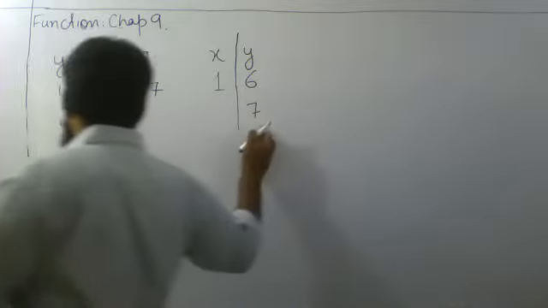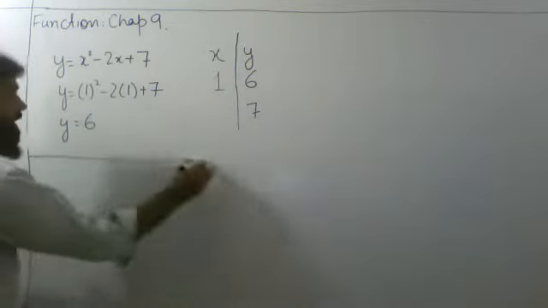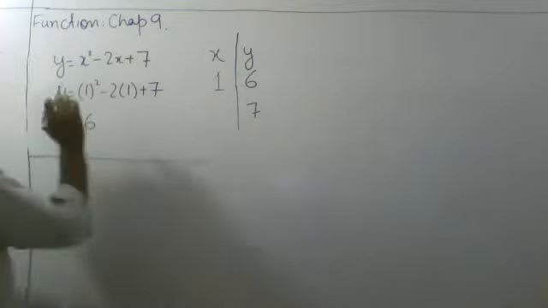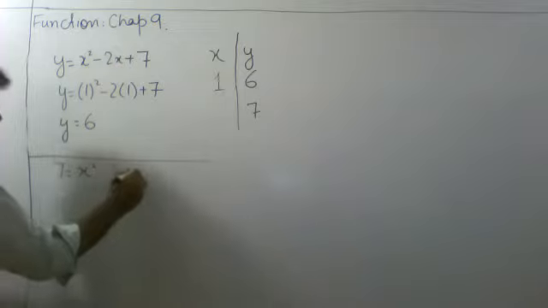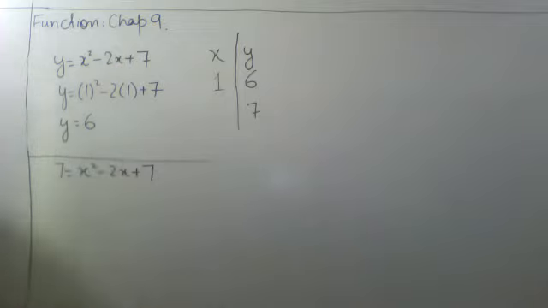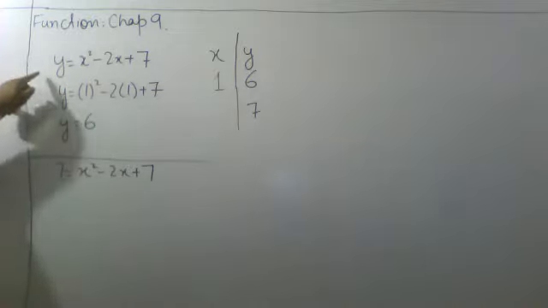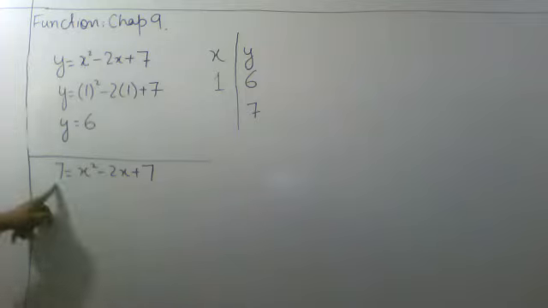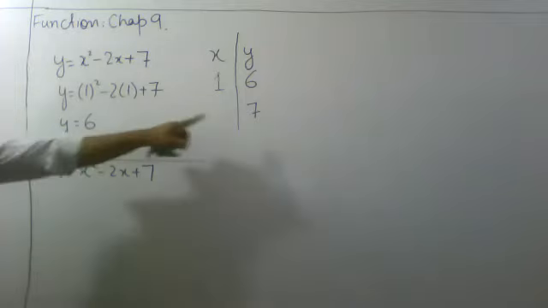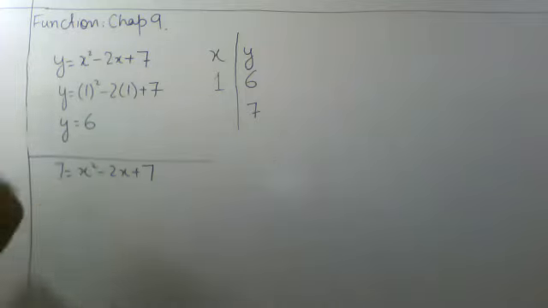So 7 equals x square minus 2x plus 7, that was my original equation. Now, in place of y I have put 7, and I am trying to find what the value of x will be.